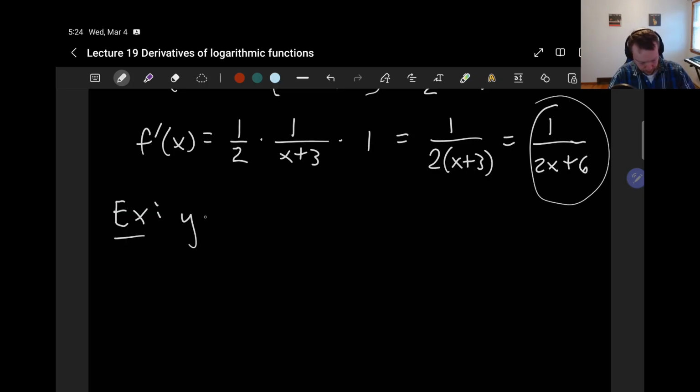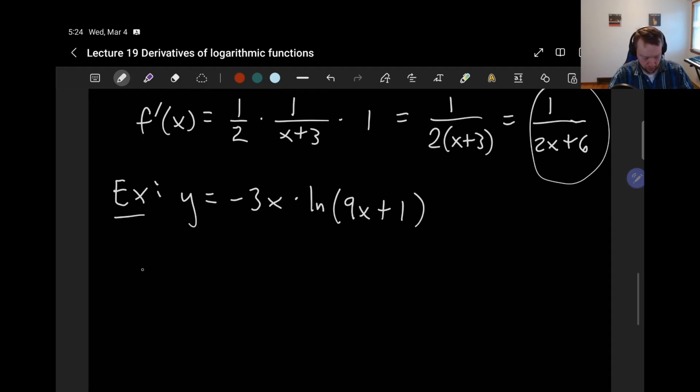Next, let's take the derivative of y equals negative 3x times ln of 9x plus 1. Notice there's a product here. So when I take the derivative, dy dx, I'm doing product rule first.